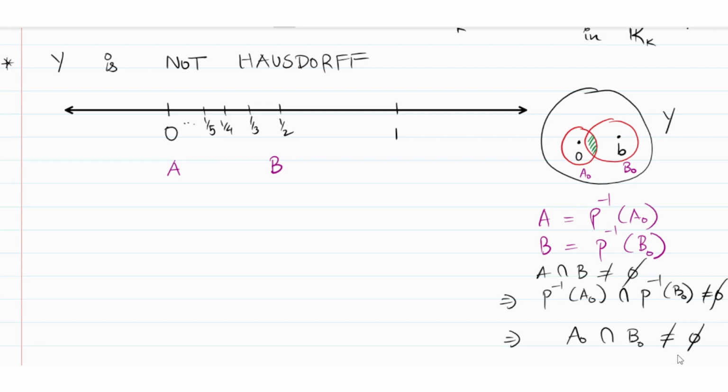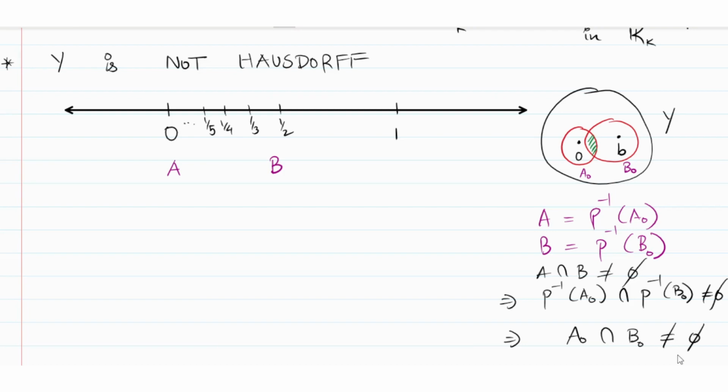If two sets are disjoint, then its inverse image must be disjoint under any map you take. So hence, since the inverse image intersection is not empty, A0 intersection B0 is not empty and it will not be Hausdorff.